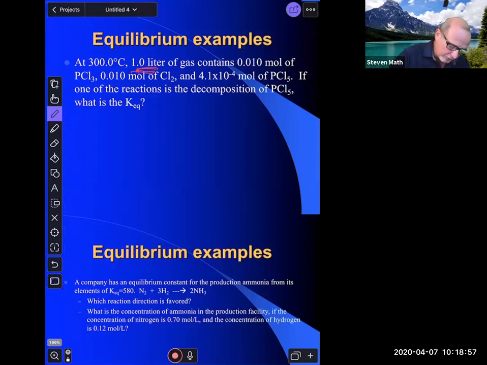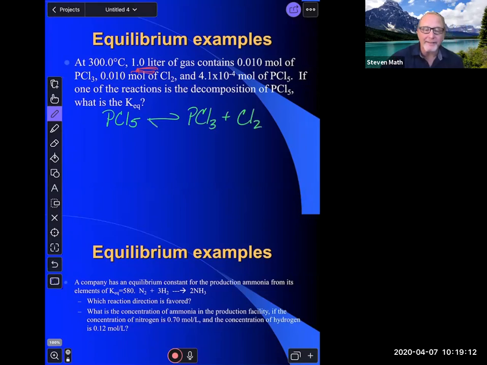First let's write the equation. PCl5 is decomposing to PCl3 and Cl2. We're going to make that a double-headed arrow. It's equilibrium, that's fair. I get sloppy and forget those sometimes. This is our equation. It's a decomposition, and there are no exponents, so we're okay here.